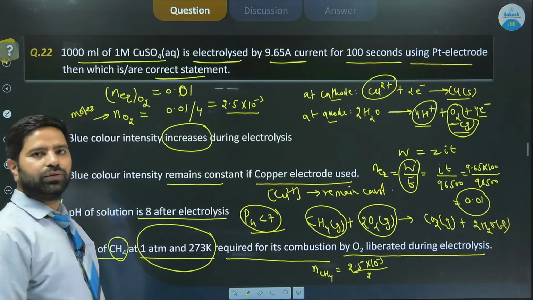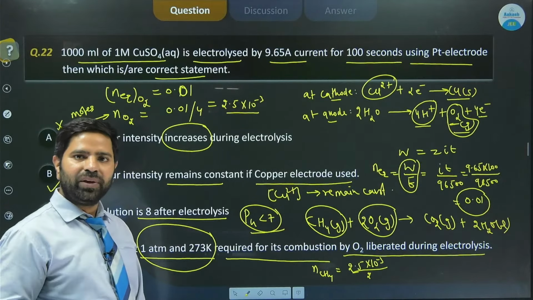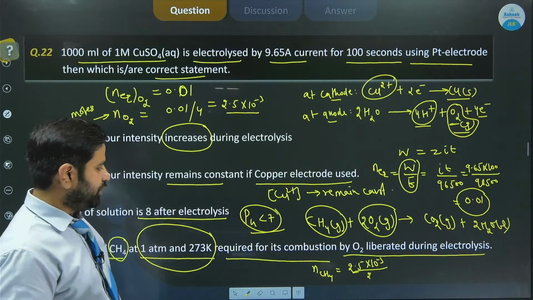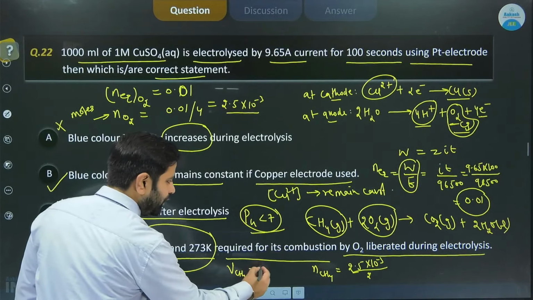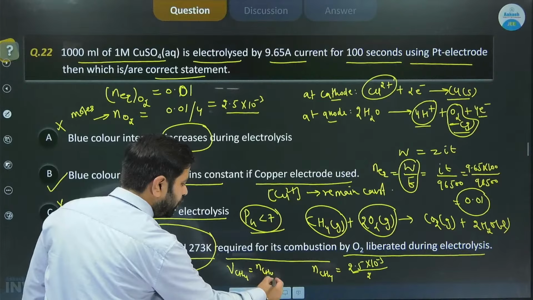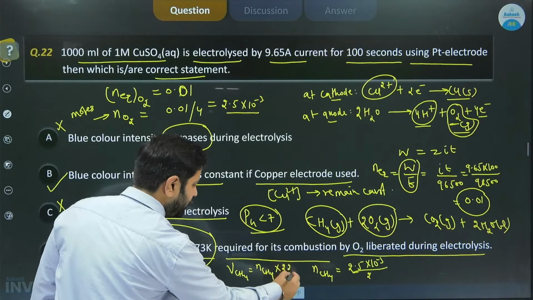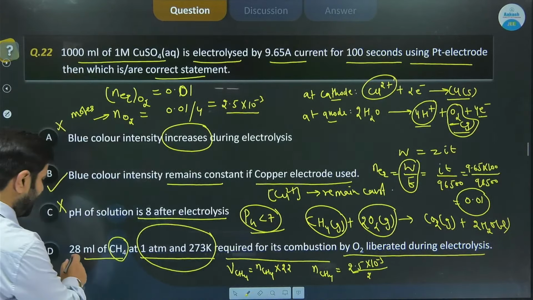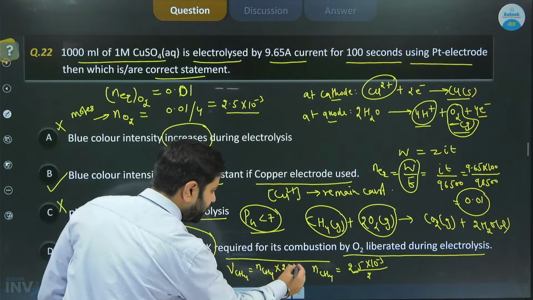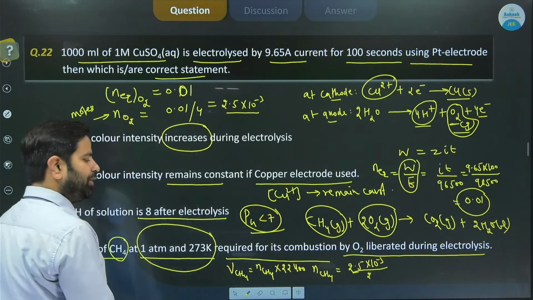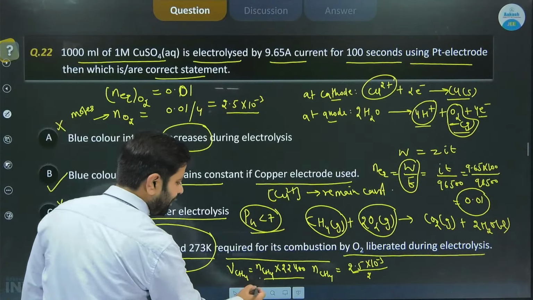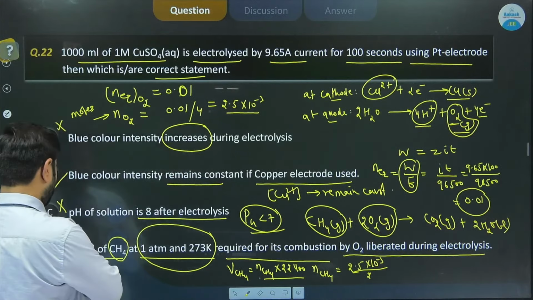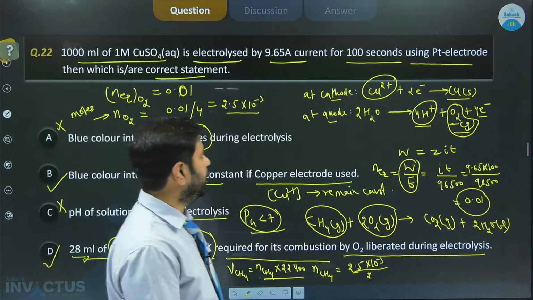Now we know the moles of CH4, and from here we can calculate the volume of CH4. The volume of CH4 would be moles of CH4 multiplied by, since we have to calculate it in ml, 22400, and when you calculate it you would get 28. So this is again a correct option.